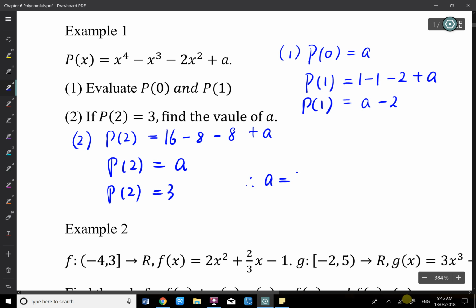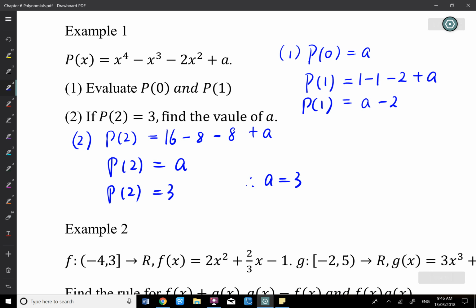So A equals 3. This is nothing new. It just gives you coordinates to find a constant A. Just do substitution and then solve for that.